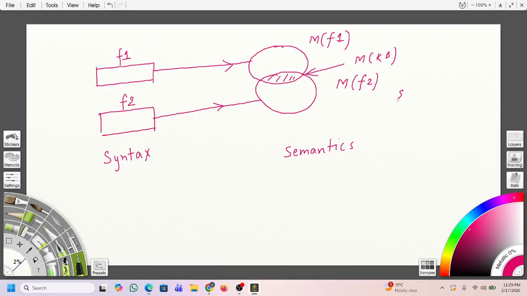So what I am claiming is adding new formulas is adding constraints to the model.